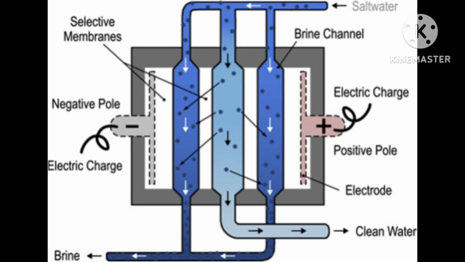There will be depletion, meaning the salt will be less and less, very less, and an increase in salt concentration in the neighboring compartment. The fresh water is produced in the ion depleted compartment.